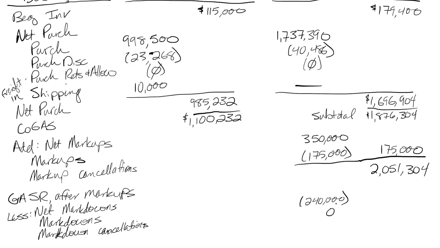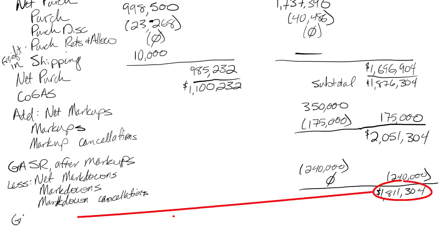Where I had the sale and realized people were still paying what I wanted, so I could cancel the sale and still get my money. So let's see, 2,051,304 minus 240 gives me 1,811,304. And this is my goods available for sale at retail.